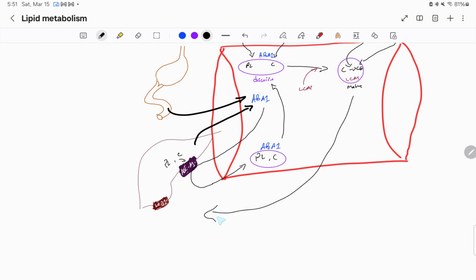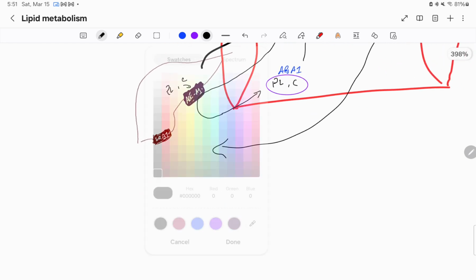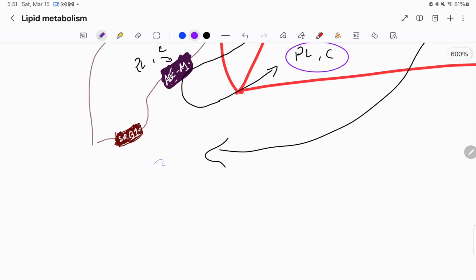This HDL that we had, that mature one, it'll come and interact with the SR-B1. How does it interact, by the way? It interacts with the help of ApoA1, of course, okay? And you guys know this guy had cholesterol, cholesterol esters, phospholipids, and our favorite enzyme, LCAT, in there, okay? And this SR-B1 will then bind to this actual A1 right here.